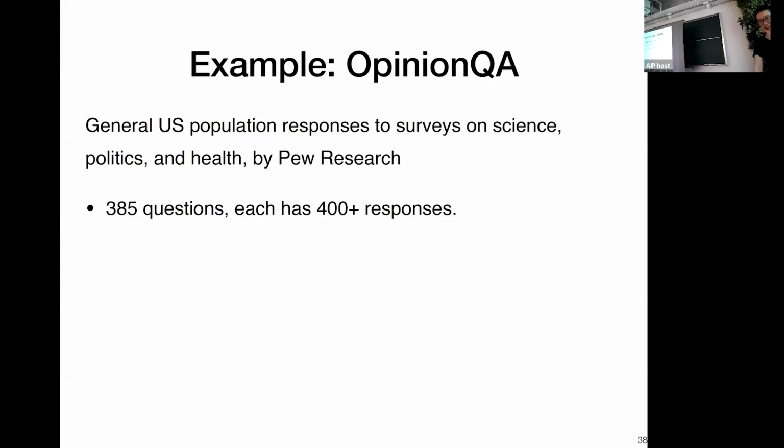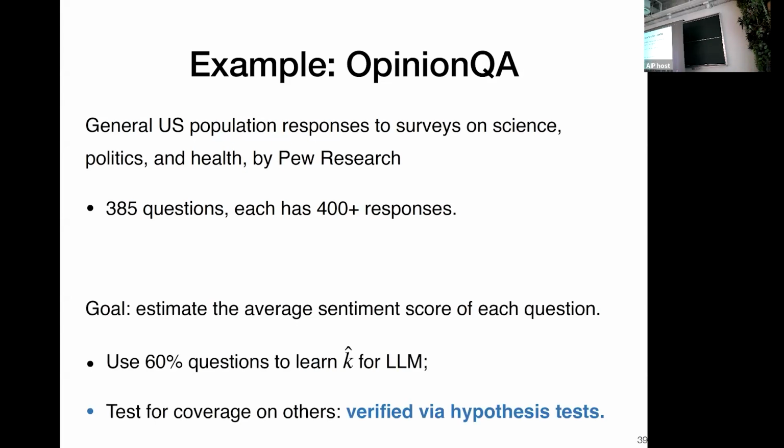Okay, so this is a real dataset. And let's see if our commonly used language models can be used to simulate such responses. How well are they aligned with the real human opinion toward these questions? As a simple goal, here we choose to estimate the average sentiment score of each question.